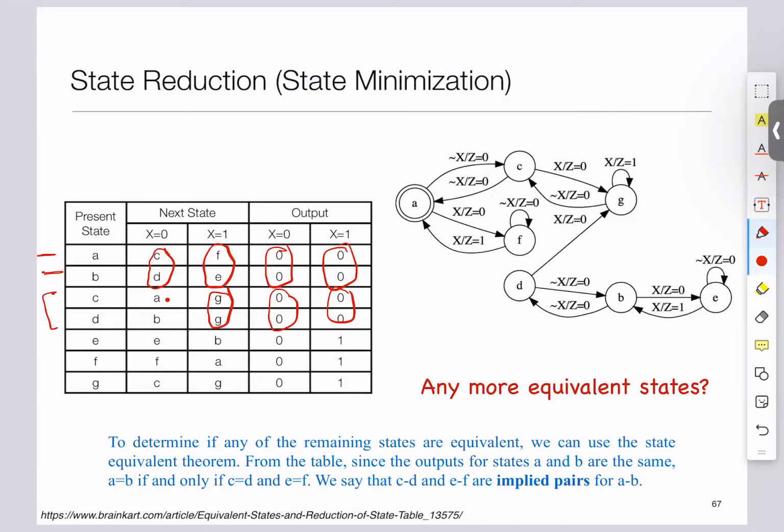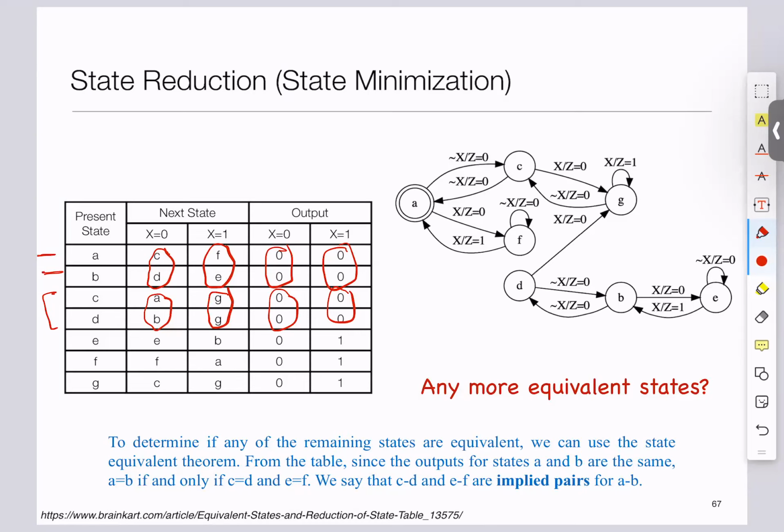And x equal to 0, they go to A and B. But we are saying A is equivalent to B, and for C to be equivalent to D, A has to be equivalent to B. So that's good. We are happy there, right? For x equal to 0, we are saying A is equivalent to B if C is equivalent to D, but C is equivalent to D if A is equivalent to B. So that part is good.